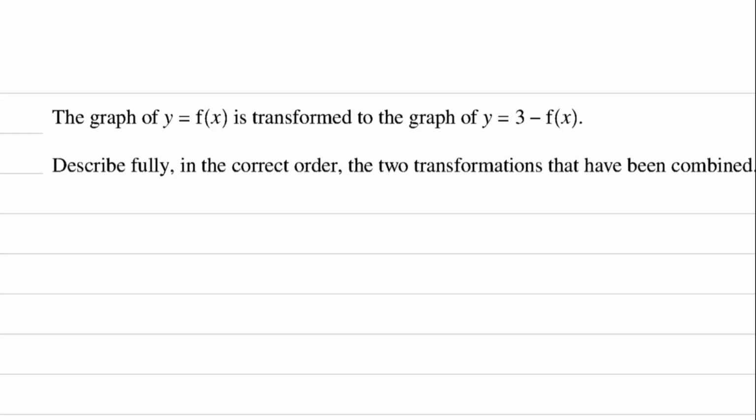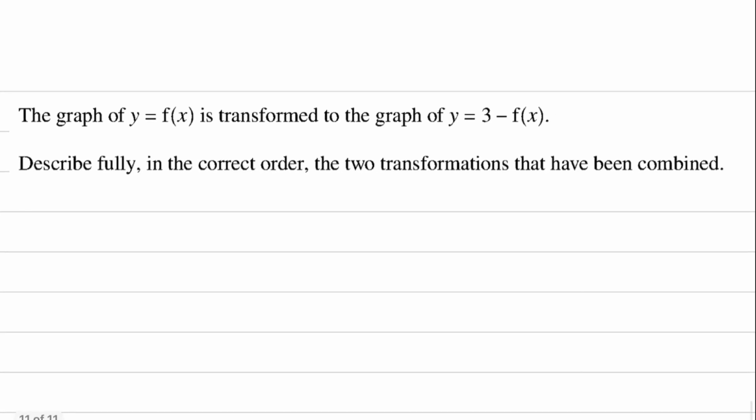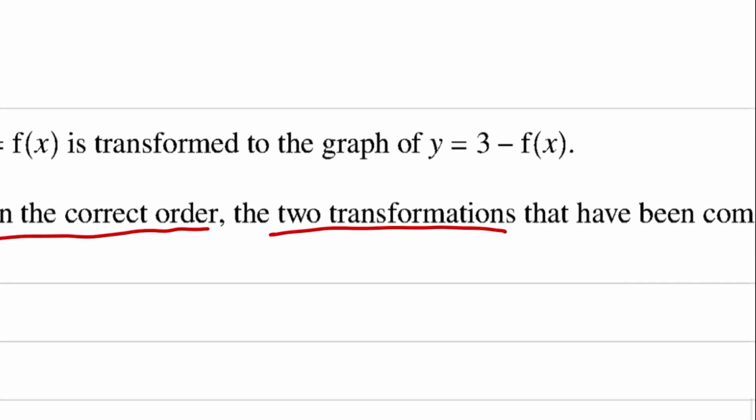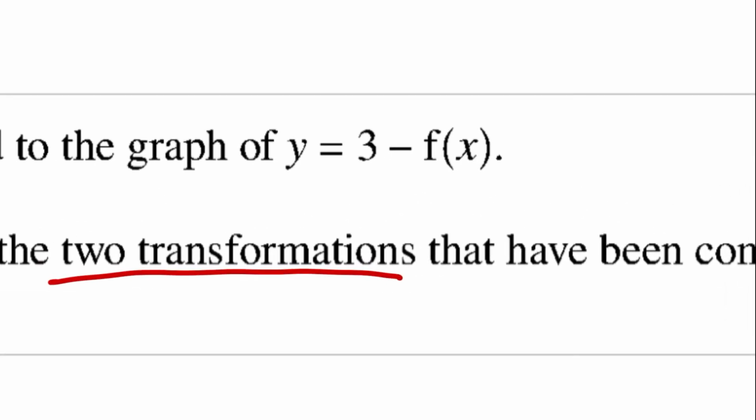Okay guys, let's look at the last question here. The graph of y equals f(x) is transformed to the graph of y equals 3 minus f(x). Describe fully in the correct order the two transformations that have been combined. So, as you can see, we have two transformations, says here in the correct order. If you look at the transform 1, we have plus 3, and then we multiply our f(x) with minus 1.